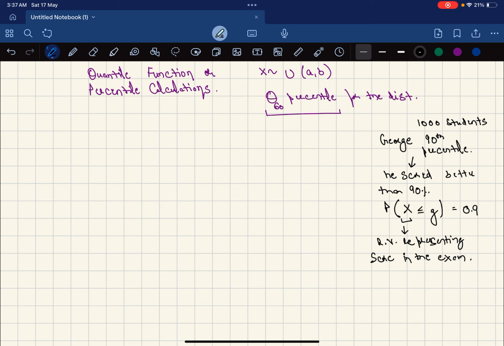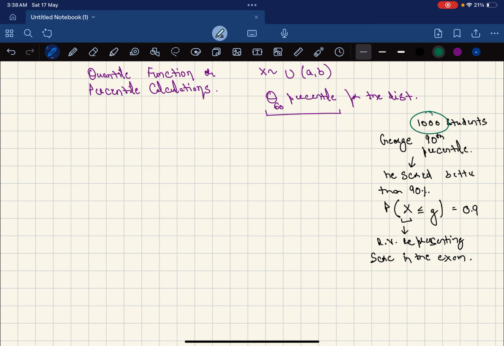If we select any score randomly from these 1,000 students, the probability of it being less than or equal to George's score is 0.9. This also means that 900 students scored less than George, and therefore the probability of a score being selected which is less than George's is 0.9.